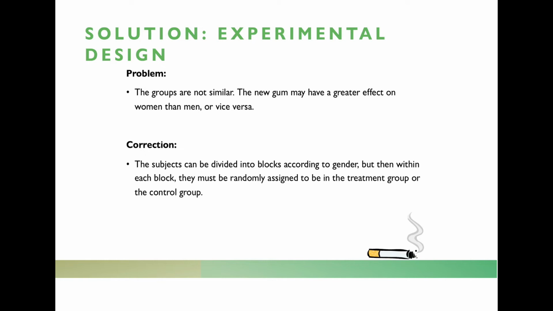Rather than divide them by gender, though, we should really just divide them into a treatment group or control group. Gender probably is not going to play a role here. We just need to find out, is this gum effective? And so we need to put them into a treatment group and then also into a control group that's large enough so we can compare the results.